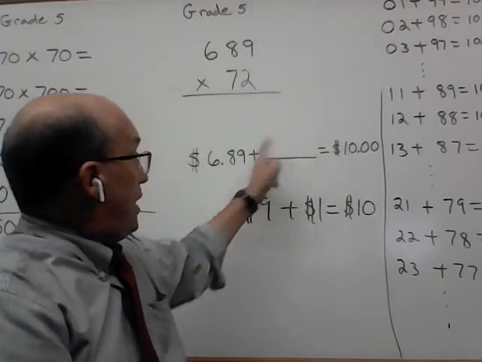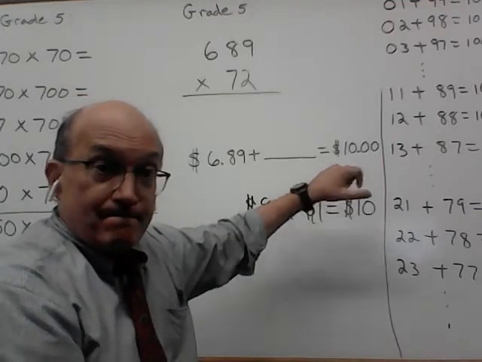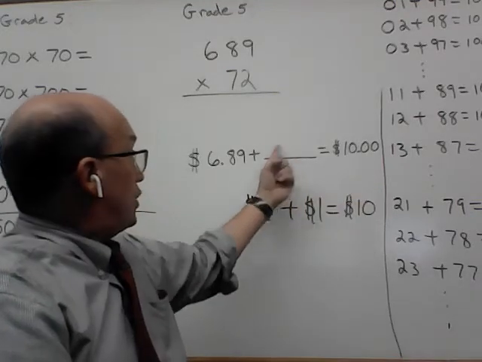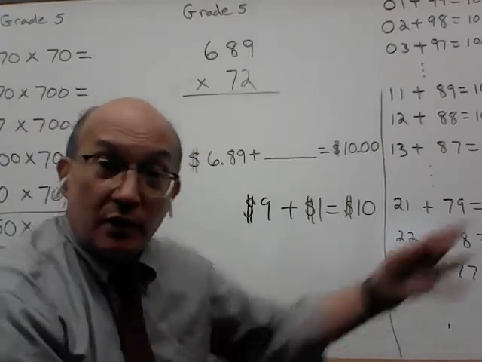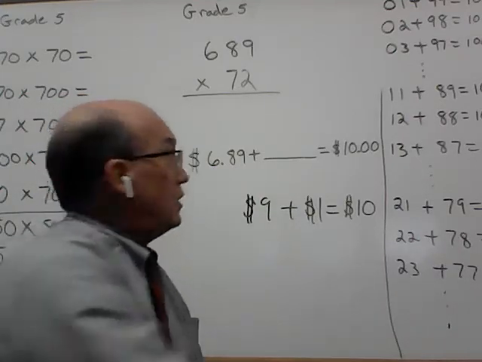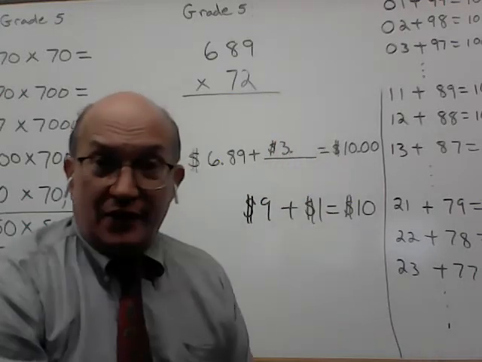The change you get back has to be able to add to the $6.89 to get 10. $4 would be too much. $4 plus $6.89 is $10.89. You only handed over $10. So you're going to get $3 and something.